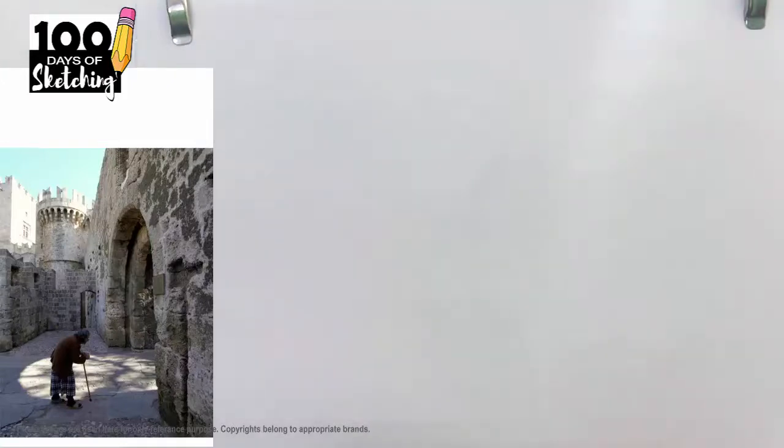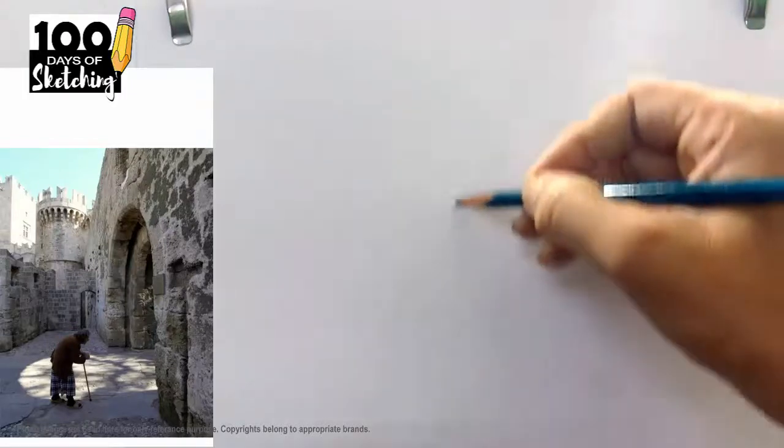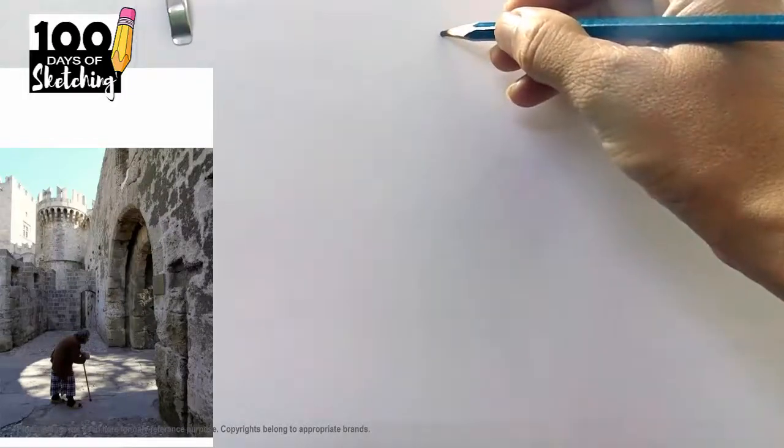As the original reference is in a vertical form, we simply have to follow that.